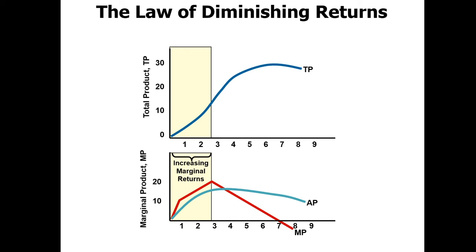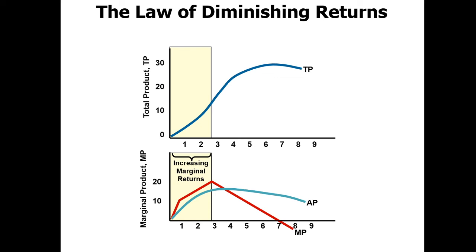So I got 20 from the first worker, 30 from the second, then I'm at 90, so I got 40 from the third, but then I go back to 30 from the fourth worker, and then 20. And why is that? That is because the space that they're working in, the fixed plant, becomes so tight that it's hard for them to produce as much as before.